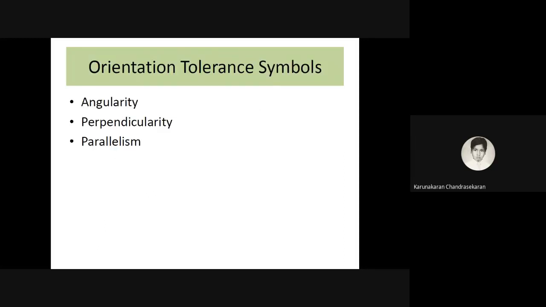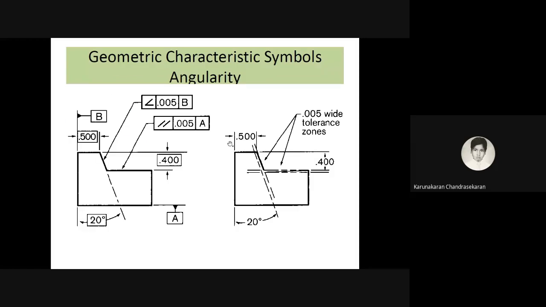Then again, let us go for other symbols. What is angularity, perpendicularity, and parallelism? The angularity symbol is this one, as we mentioned in your graphics, an angle symbol with the deviations and a single reference. This B denotes your datum referencing. From this datum referencing, we have to denote how much deviation we have.